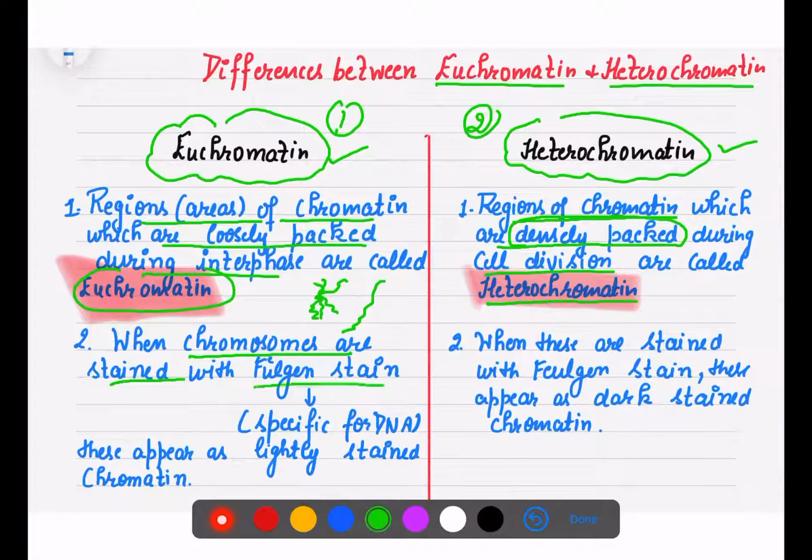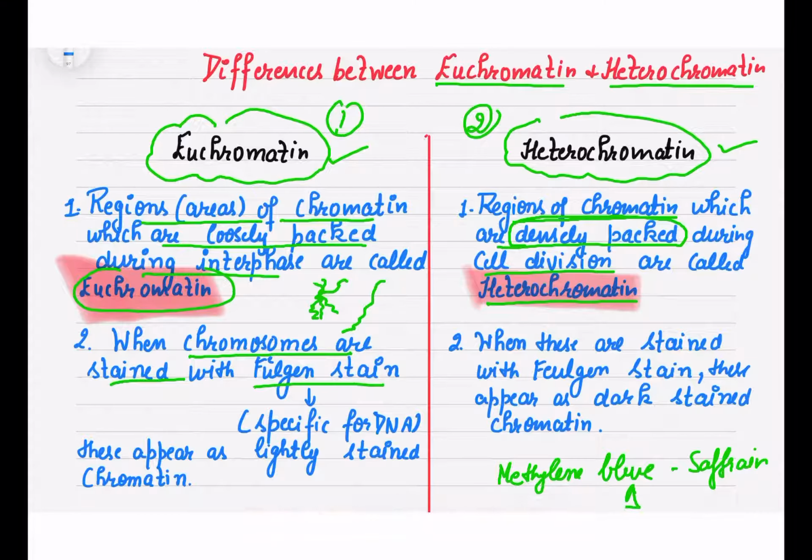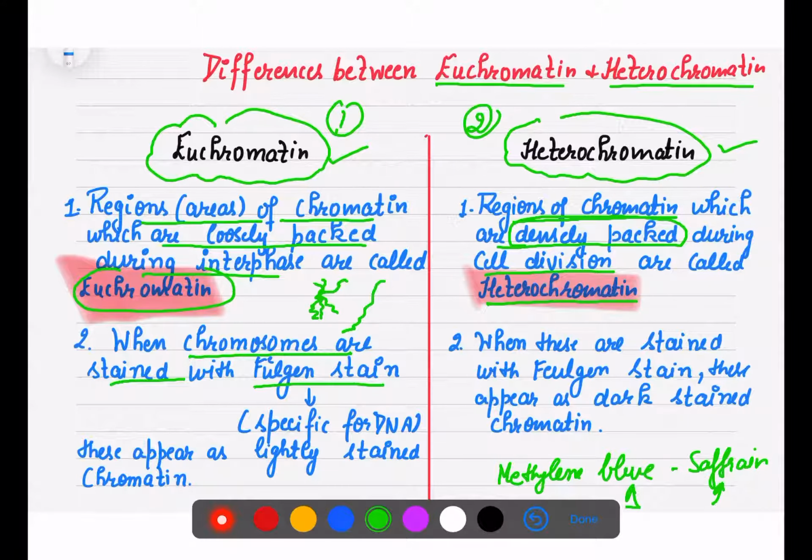Like in our lab we use methylene blue, and we use safranin for plants. So one kind of stain to color the chromosome is the Feulgen stain. It is a very specific stain we use for DNA.